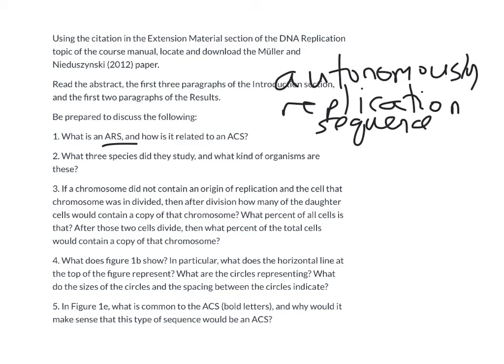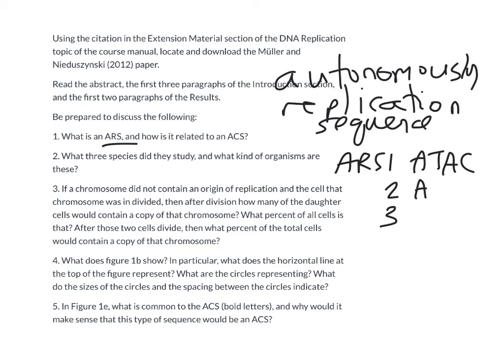And what's the ACS? The ACS is if you take a bunch of ARSs, like ARS1, ARS2, and ARS3, you collect the sequences of different pieces of chromosomes, all of which can act as origins of replication, and you do what we've done before and make a sequence alignment and look for a consensus. So that's what the C in ACS stands for.